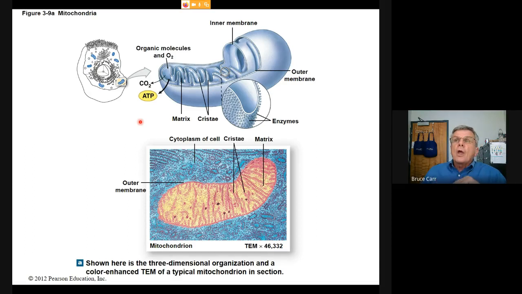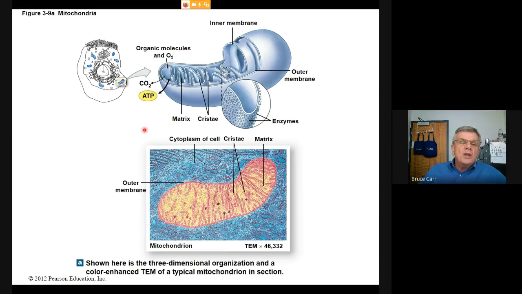They're what we call aerobic bacteria or aerobic microbes. If they can use oxygen, they can make lots of ATP out of organic molecules as well. Other microorganisms cannot do that trick. They're called anaerobic, and they make much less ATP, so they grow slower.